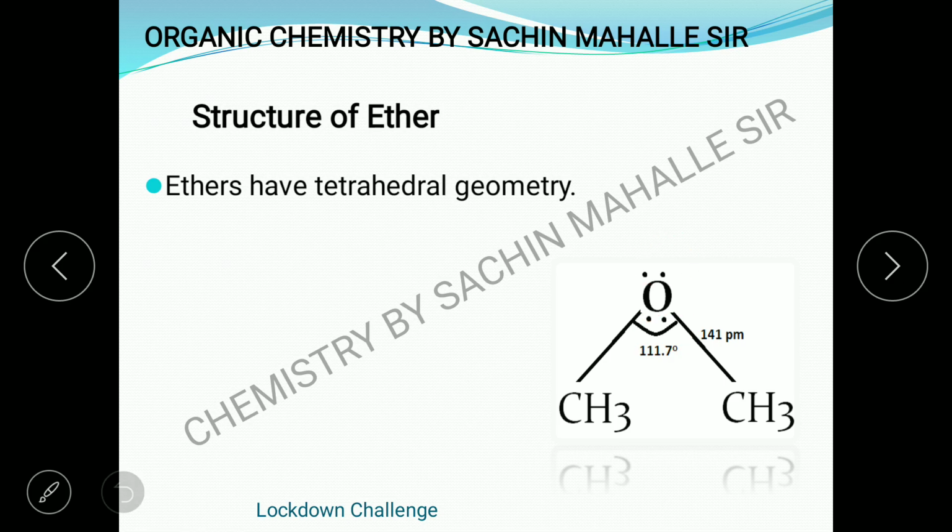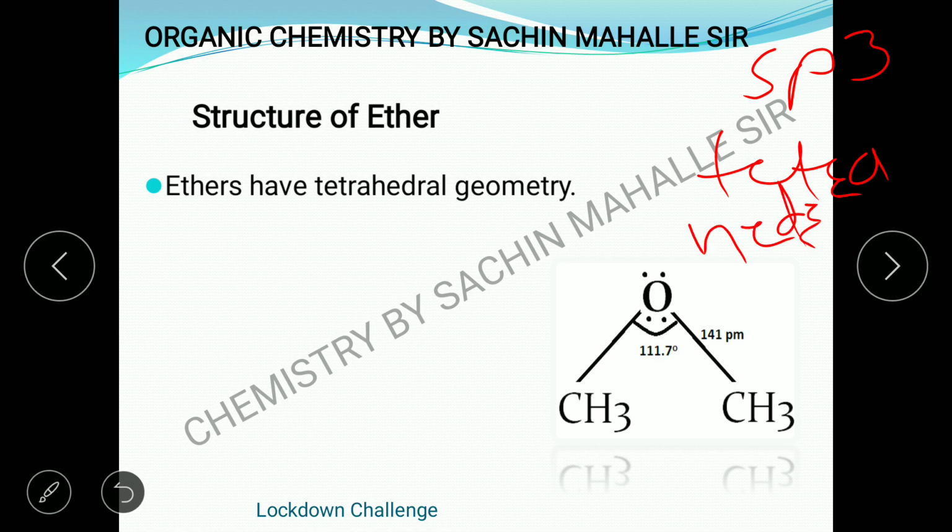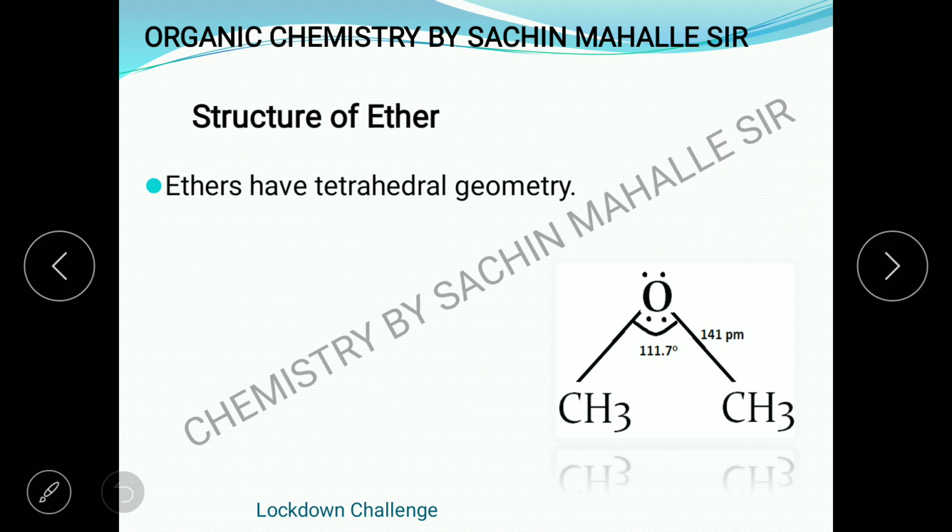Because of two lone pairs and two bonds with carbon atoms, the oxygen atom has sp3 hybridization and tetrahedral geometry. Because of oxygen, ether has tetrahedral geometry.